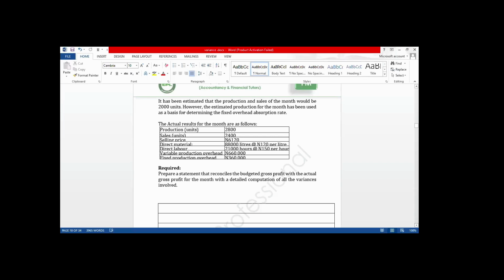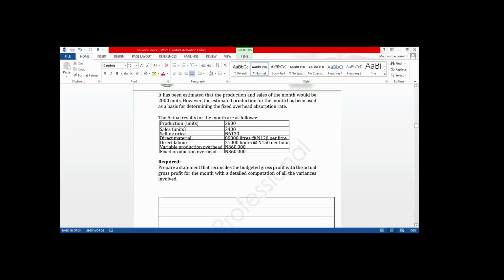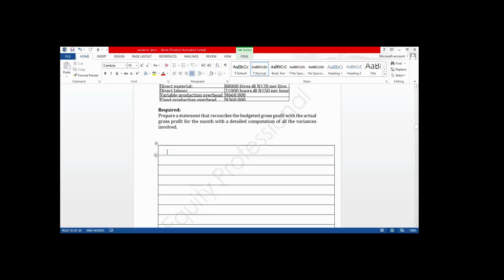What is the actual gross profit? For me to reconcile two parties, I must know them. Without the examiner telling you, you also must reason it out. That means my working will start from my first working, one.